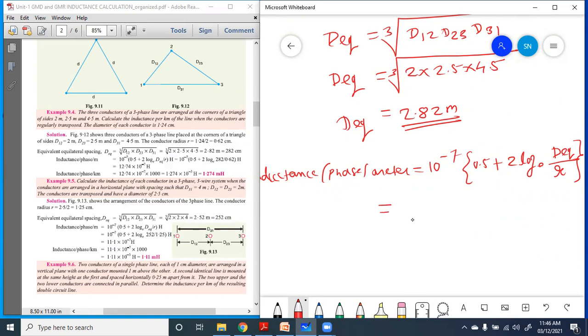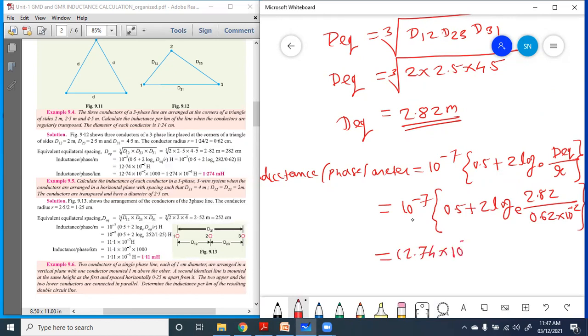Put the values: 10^-7 x (0.5 + 2 log e (2.82 / 0.62 x 10^-2)), where D equivalent is 2.82 and the radius of the conductor is 0.62 x 10^-2 meter. What is the answer? On the calculator, we get 12.74 x 10^-7 Henry per meter.